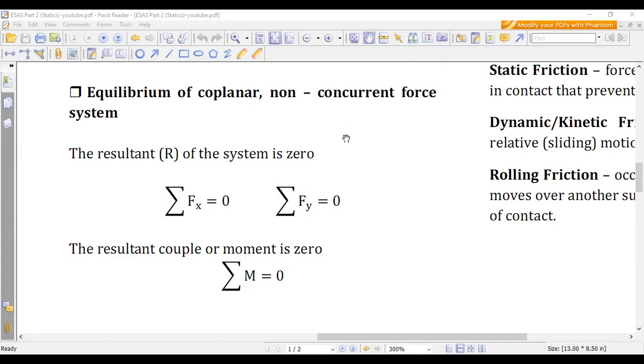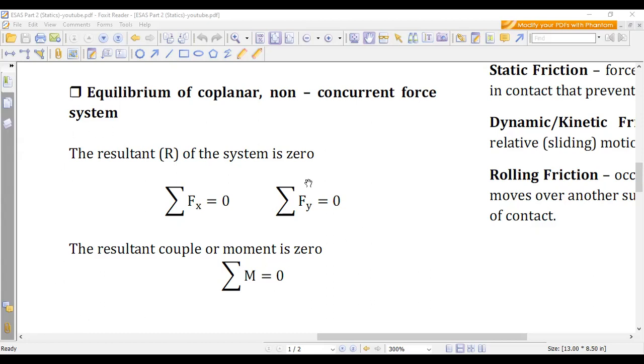So take note that we cannot apply Lami's theorem in this setup because, as we defined, a non-concurrent force system does not have a point of intersection.